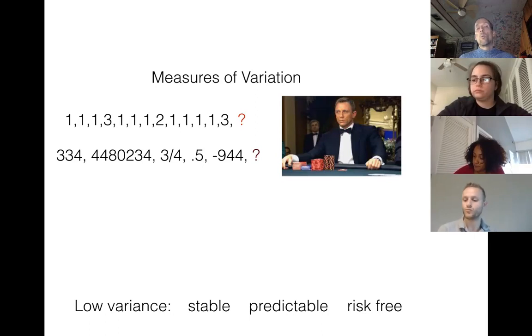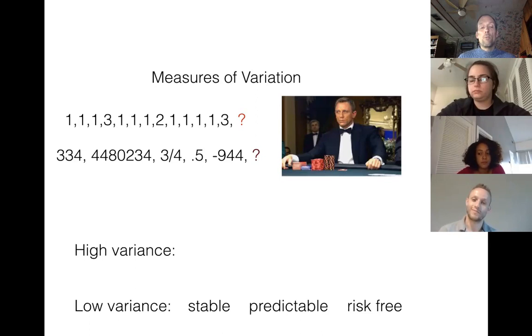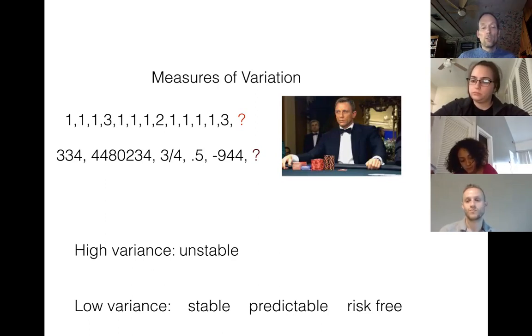Okay, so what about the data set on the bottom? The data set on the bottom is going up and down in leaps and bounds, so we're staying away from that for betting. It doesn't appear to have a low variance. In fact, it has a really high variance. And would we describe that as being stable or not? What do we think? Not. Not at all, right. So we're going to say that's unstable. And what do we think? Predictable or not predictable?